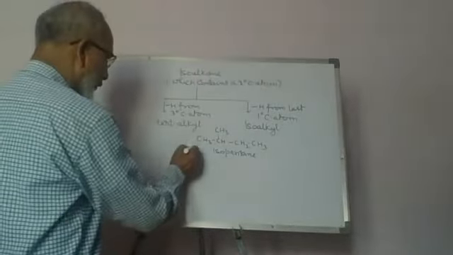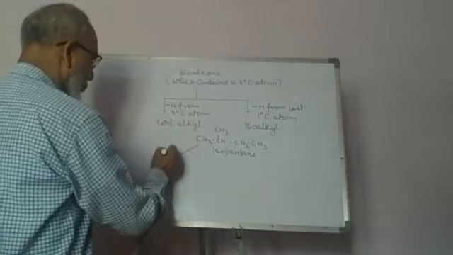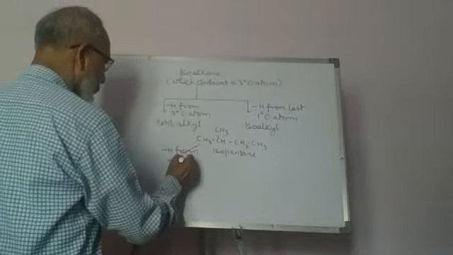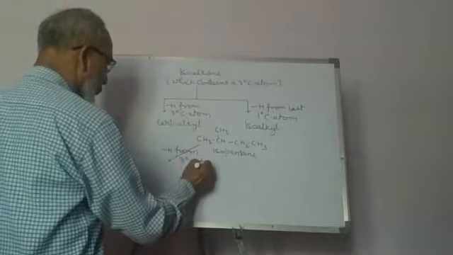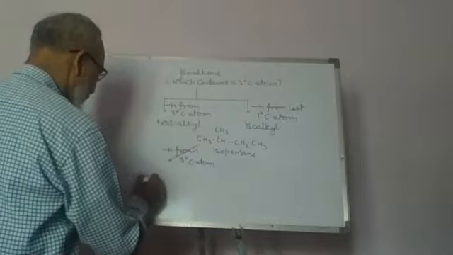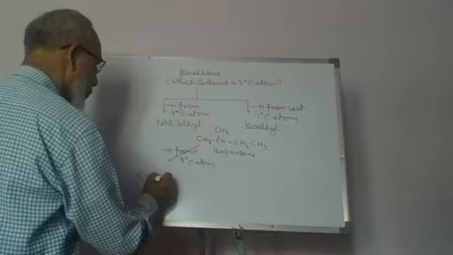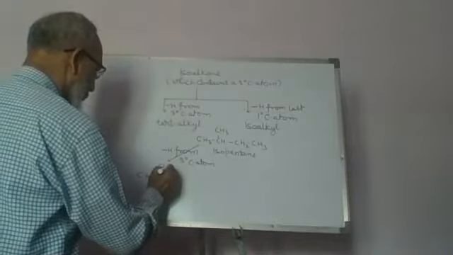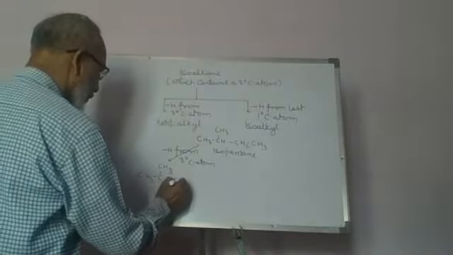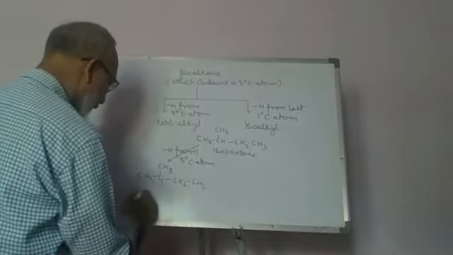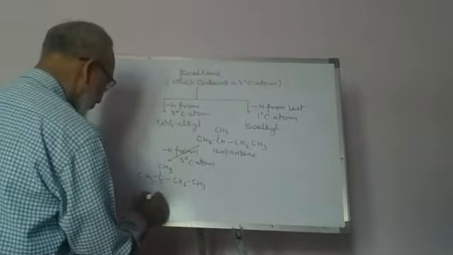If we remove hydrogen from the tertiary carbon, this will become CH3, CH3, CH2, CH3. It will be called tertiary pentyl.